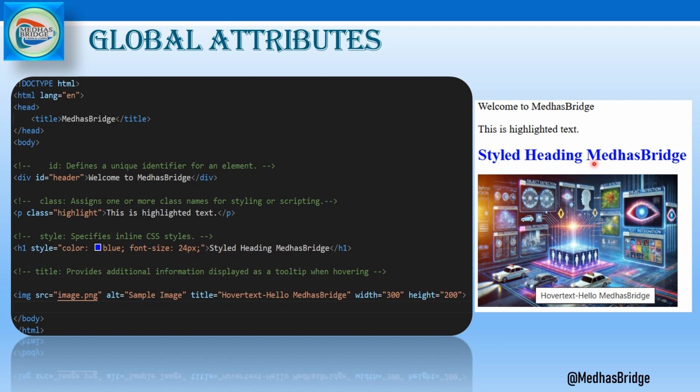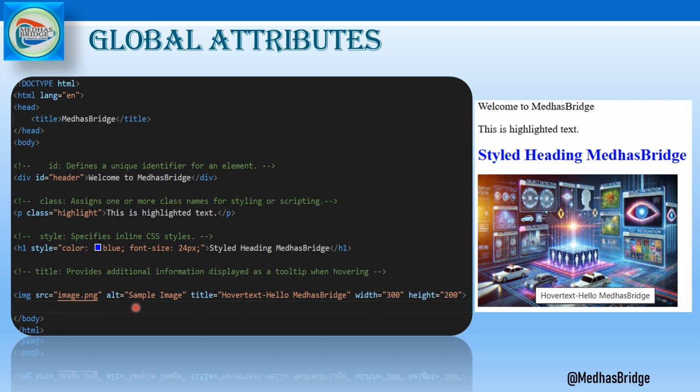Do you see how this is different from the other two, right? Because you have given additional information like the text should be blue, font is 24, and the style is heading, right? Very good.